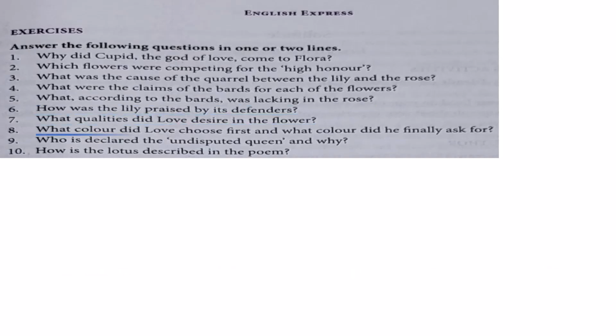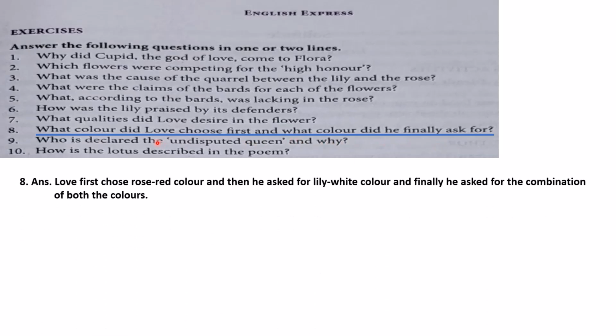Coming to the next question, what color did Love choose first and what color did he finally ask for? So Love first chose red, a rose red color, and then he asked for lily white color, and finally he asked for the combination of both the colors. He was in a dilemma, not able to decide what he wanted.